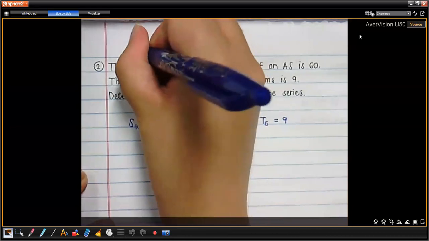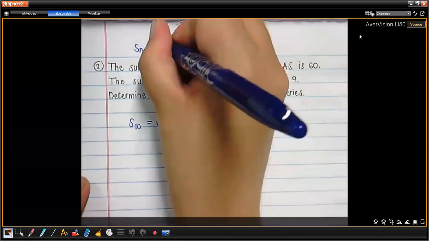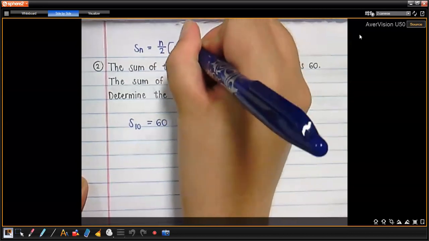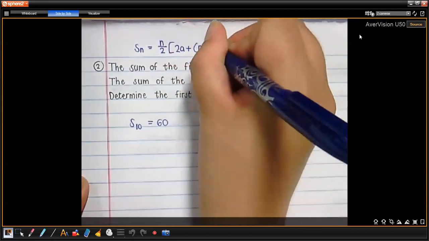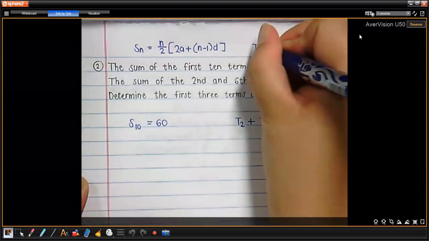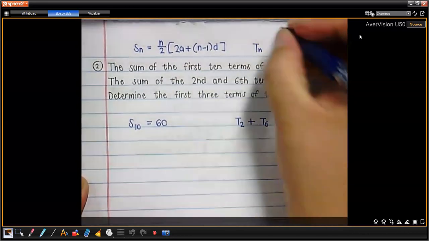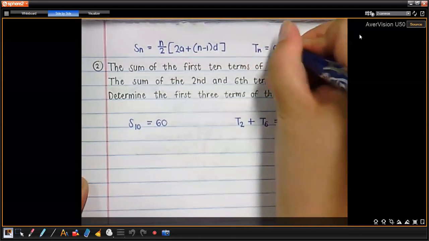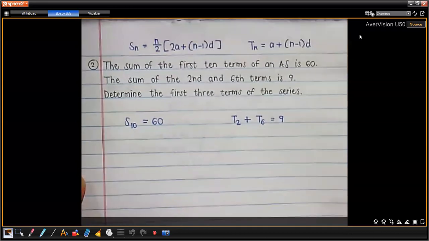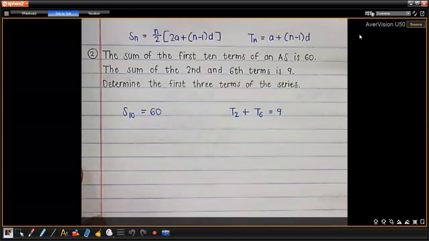The sum to n formula is n over 2 times 2a plus n minus 1 d. And the term formula is a plus n minus 1 d. If they've given us a term, we need to work with the term formula, even though we're working with the series here.